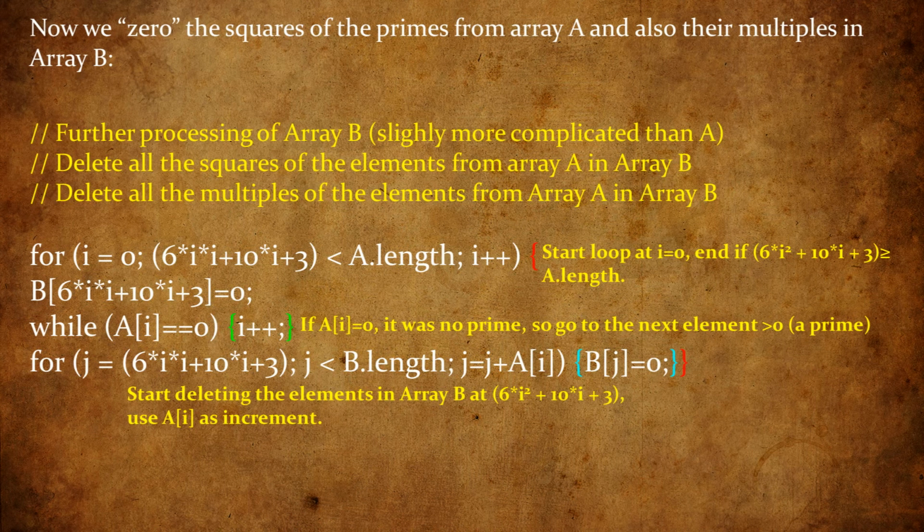If ai is already zeroed, then it was not a prime and we directly skip to the next element until we find a prime. And then we start a loop that deletes on. It starts from the square of the element found in array A and it uses the according element ai as increment, deleting elements in array B.